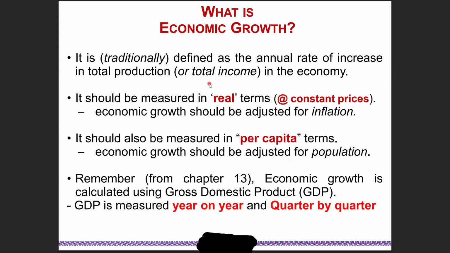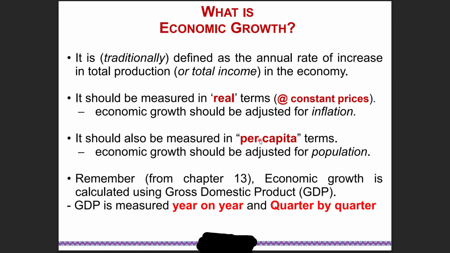Per capita, basically, when you calculate real GDP per capita, you just say real GDP for the year divided by the population times 100, right? GDP per capita is used to show how the standard of living of the population has improved, right?